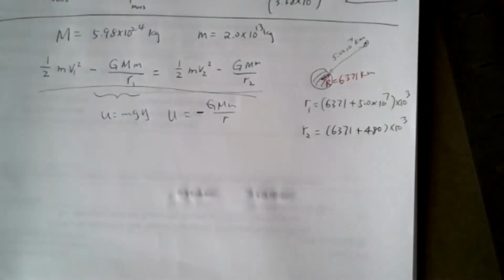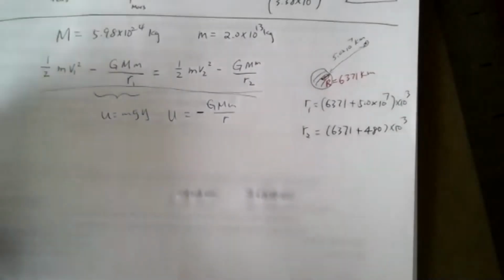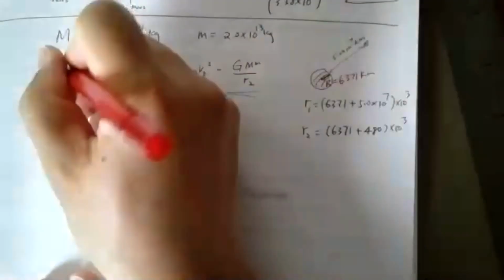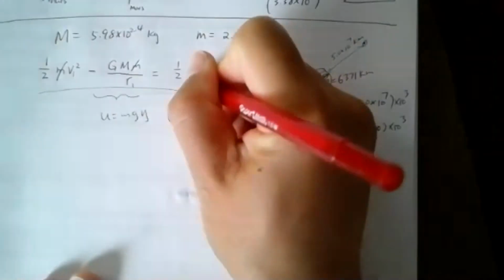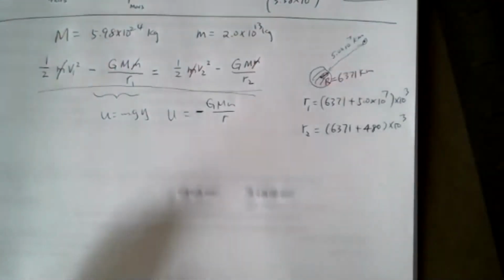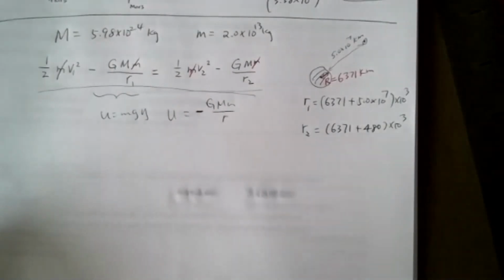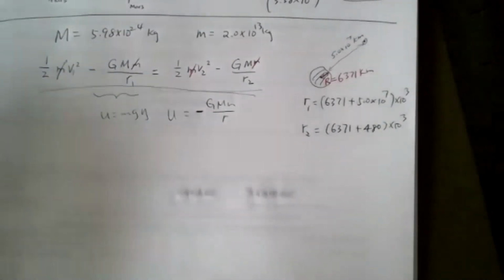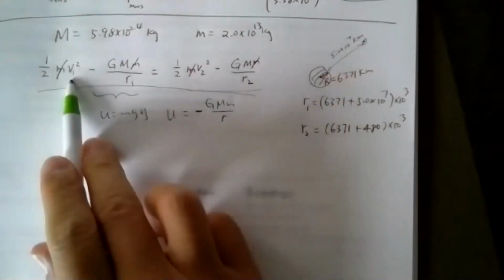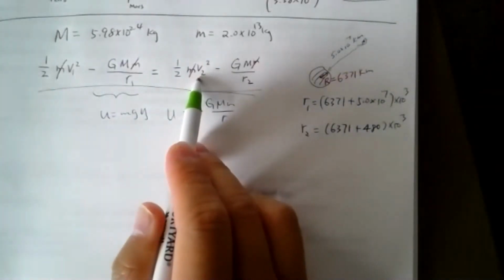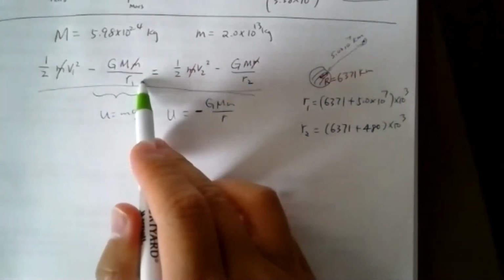All right, so you are given V1 and you're looking for V2. From the equation here, you can see that small m cancels out across, so the mass of the asteroid doesn't play a role here. To isolate V2, move this term to the other side of the equation.